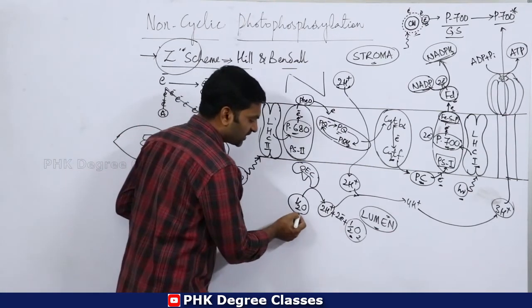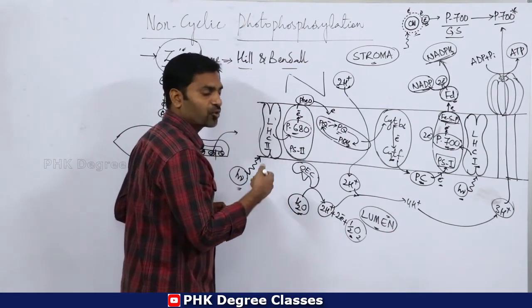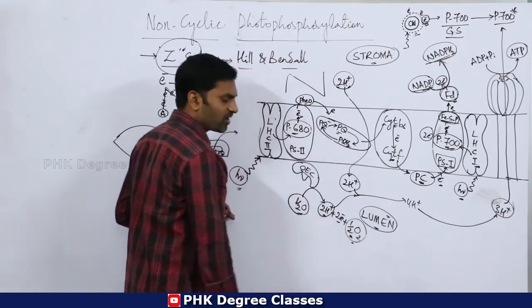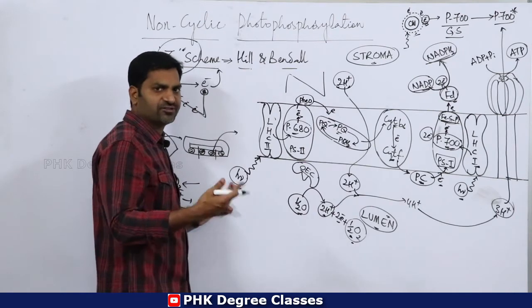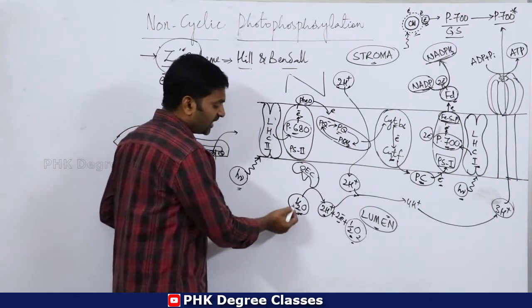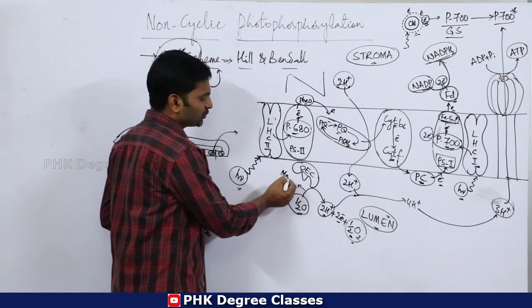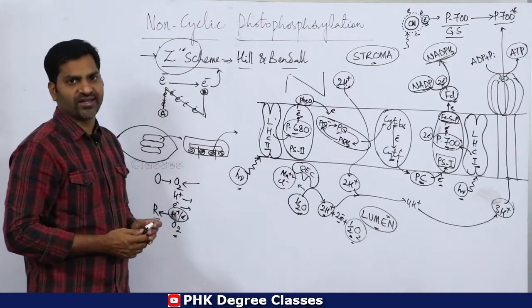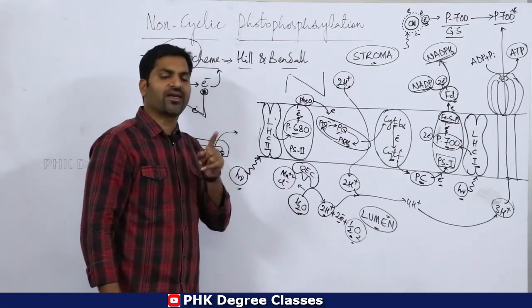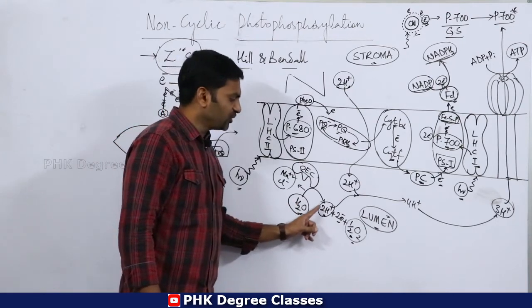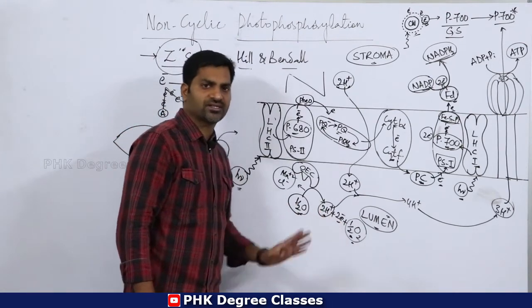This water gets broken down into two protons, two electrons and an oxygen molecule, oxygen gas. For this conversion, Mn2+ and Cl-, manganese and chloride ions, are required. They are essential for the conversion of water into protons, electrons and oxygen.